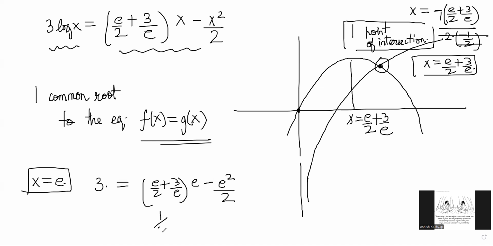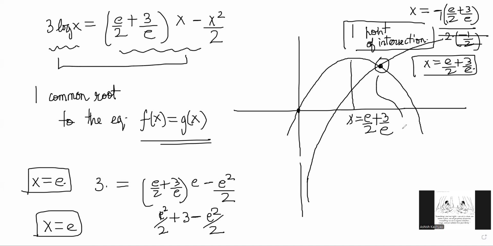And so notice it is e square by 2 plus 3 minus e square by 2. So notice that x is equal to e satisfies the equation. So the intersection point happens at x is equal to e. And at that moment, y is equal to 3. So this point is basically e comma 3. That is the point where the two graphs intersect.